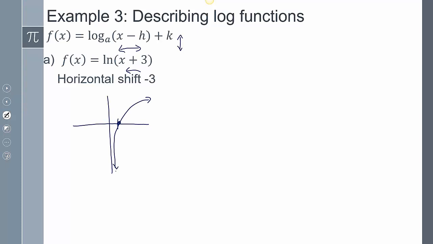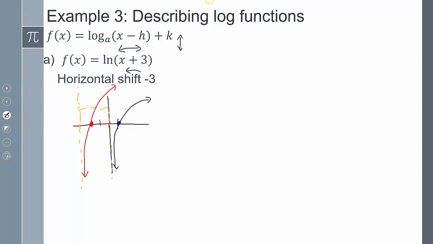If it's going to horizontally shift over 3 spaces, that means this is going to shift over 3 spaces. 1, 2, 3. Also, I have this vertical asymptote here. That's going to shift over 3 spaces. 1, 2, 3. So that's my new vertical asymptote. And then from there, I can go ahead and get my sketch.